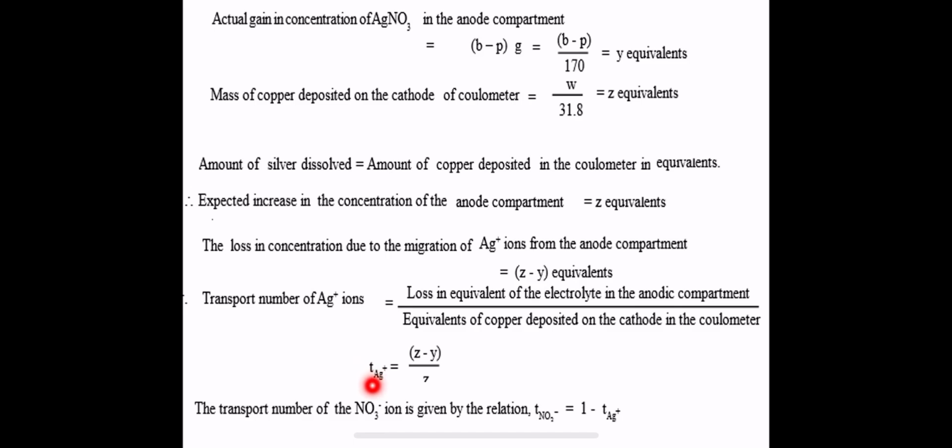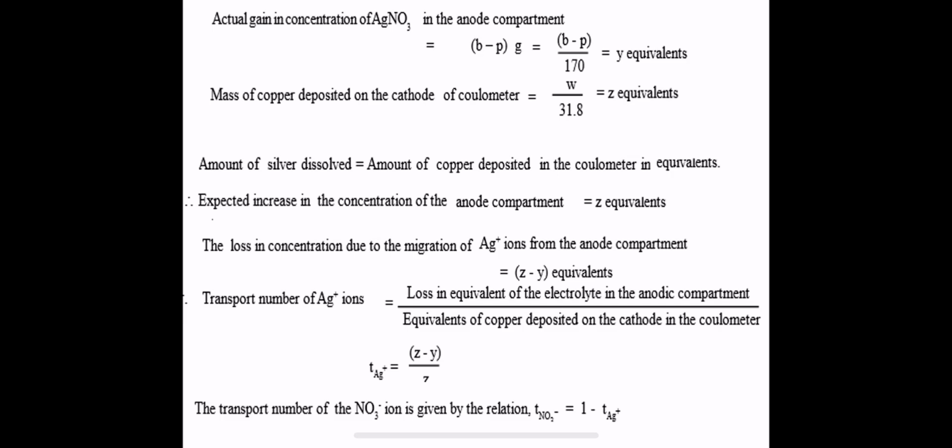So the transport number of Ag plus cation is Z minus Y divided by Z. The transport number of nitrate ion is given by T NO3 minus equals 1 minus T Ag plus. In this way we calculate the transport numbers of the respective cations and anions.